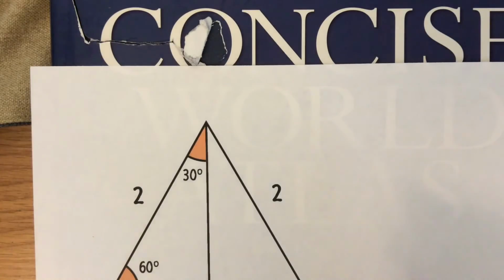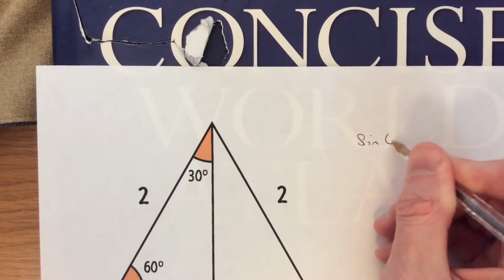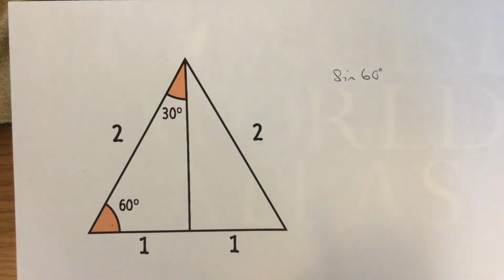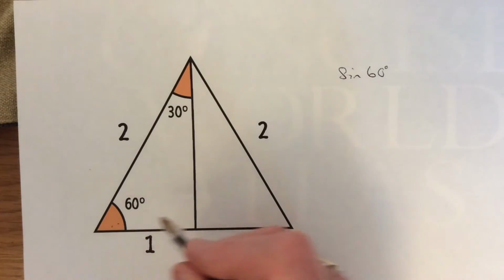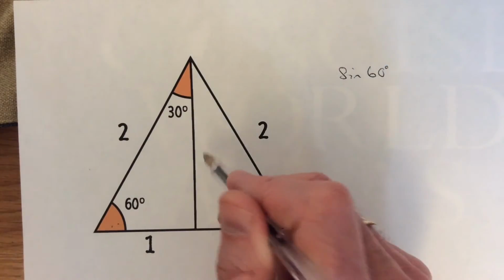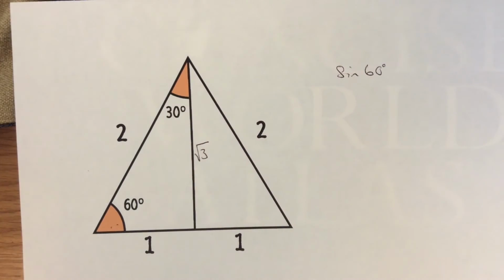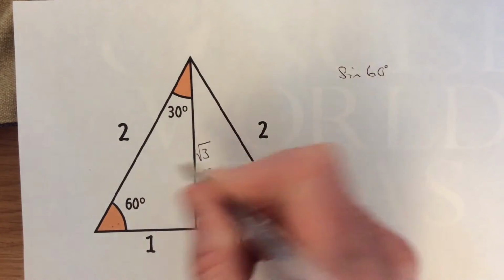Right, so we'll use this one for sine, and we'll do sine 60 degrees. First of all, use this one down here. This angle here. We know this is root 3 from what we did last time using Pythagoras. 2 squared is 4, 1 squared is 1, 4 take away 1 is 3, square root it, get root 3. Sine 60, so 60 degrees, that's the opposite.